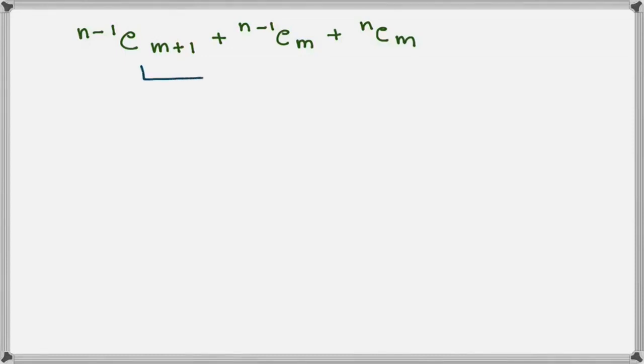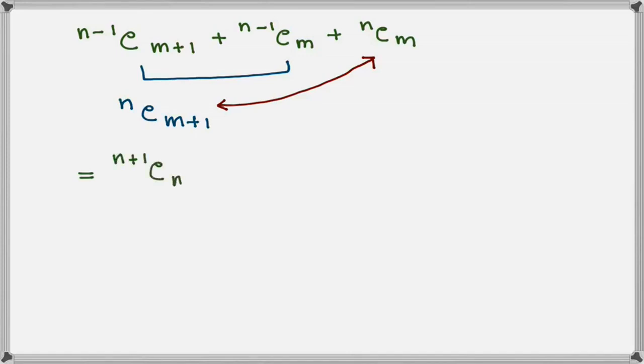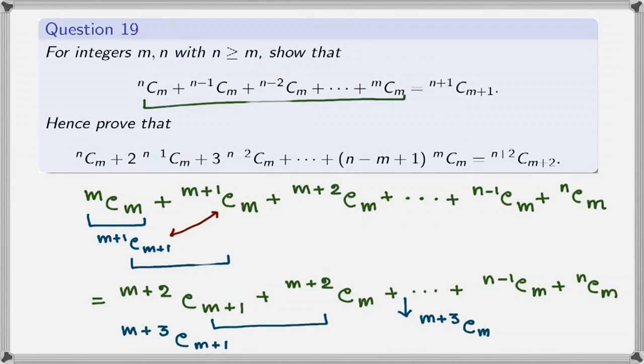Again, from these two terms we get nC(m plus 1), and lastly from these two terms we get the whole expression is equal to (n plus 1)C(m plus 1). And note that this is what we wanted to show, that this expression is equal to (n plus 1)C(m plus 1).